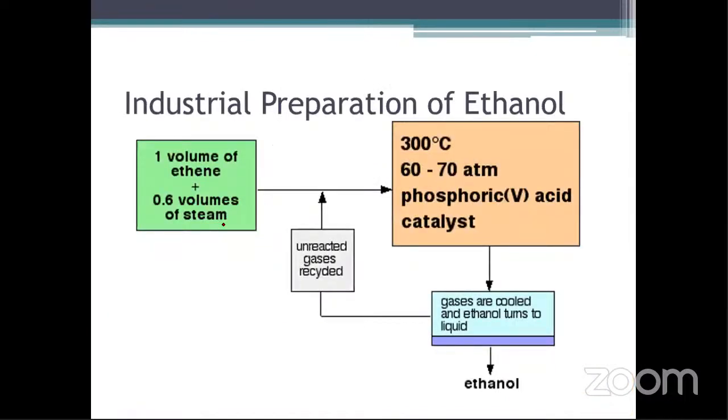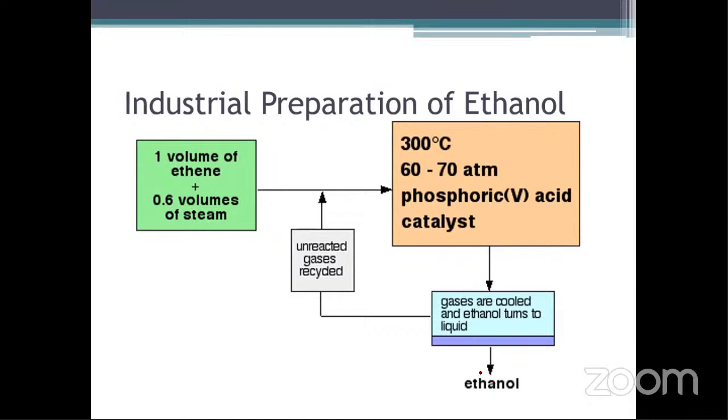So that's actually how they make ethanol in industry. They take ethene and they put the pressure, the 300 degrees temperature, and the phosphoric acid catalyst, and then you get your ethanol. The unreacted gas that didn't turn to ethanol, they recycle it and put it under more pressure, put it at 300 degrees again with the catalyst, and you get ethanol.